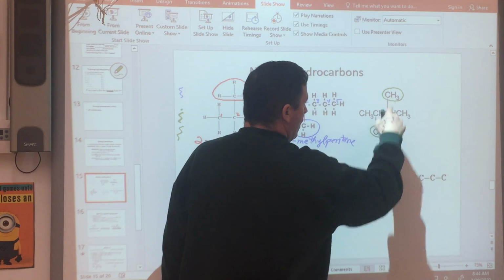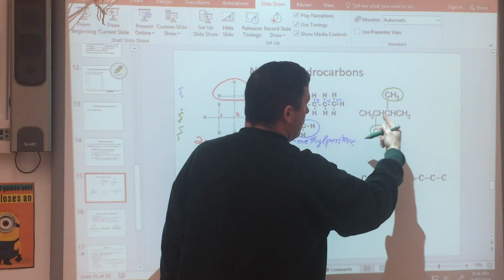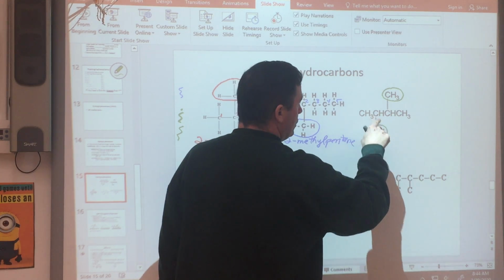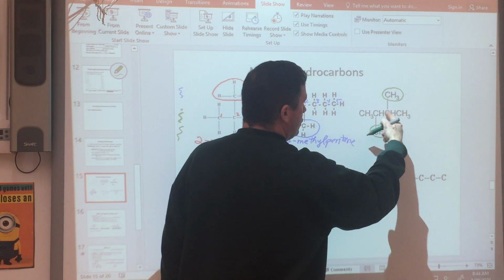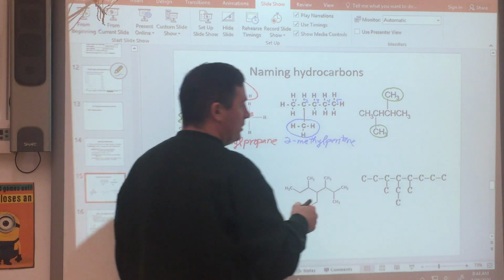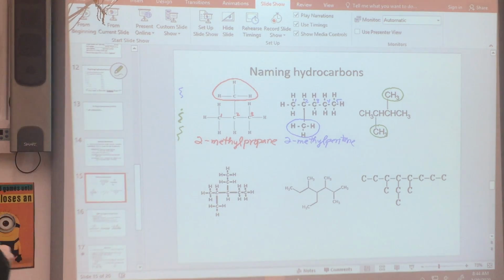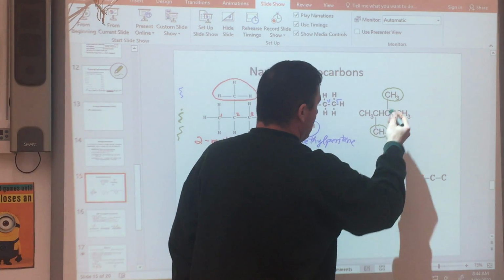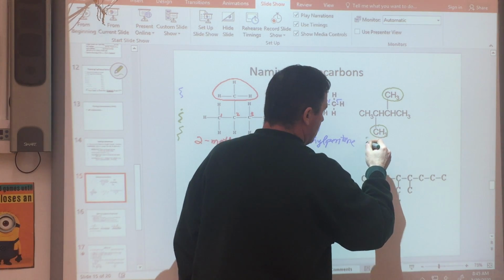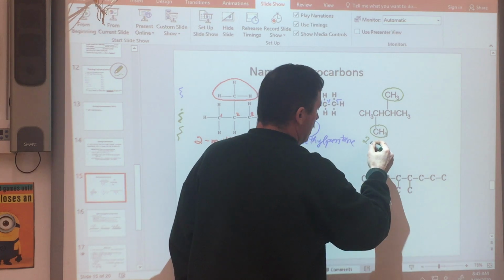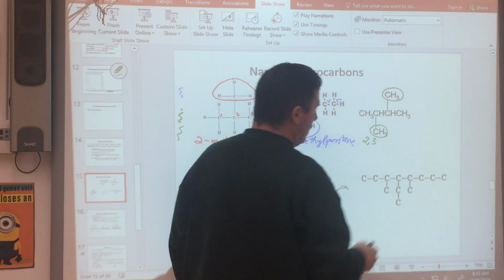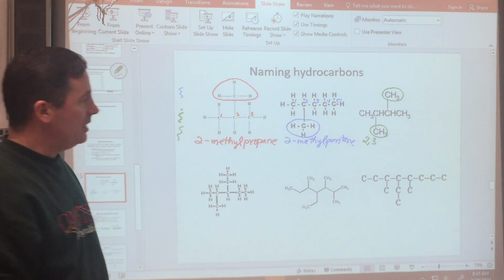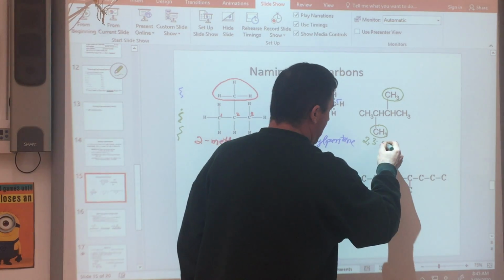They're both branched off of number 2 and number 3. Okay? So the numbering in this case is going to be essentially the same. Now here's a little bit different. Since I have 2 of these and they're the same thing, I'm going to put 2, 3. Then I put my dash.